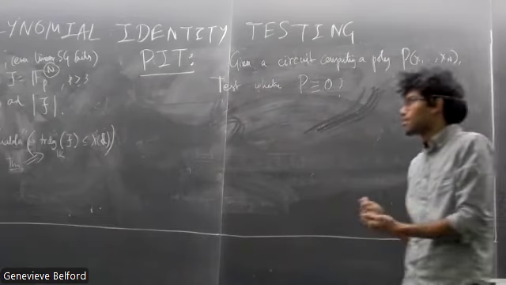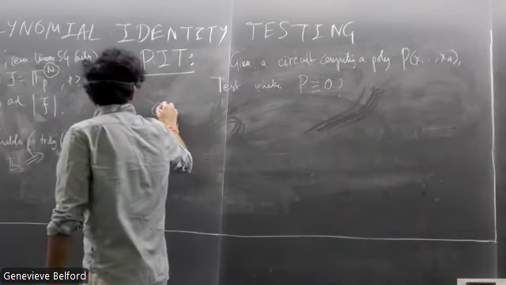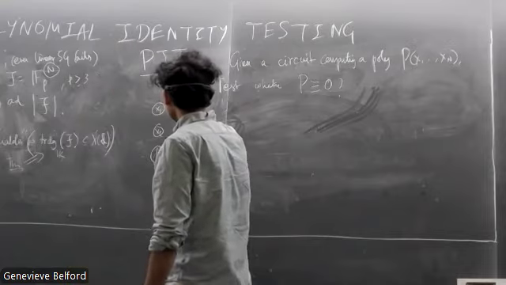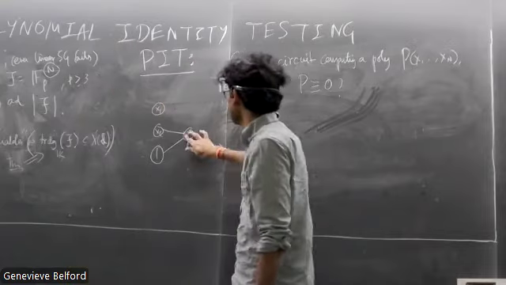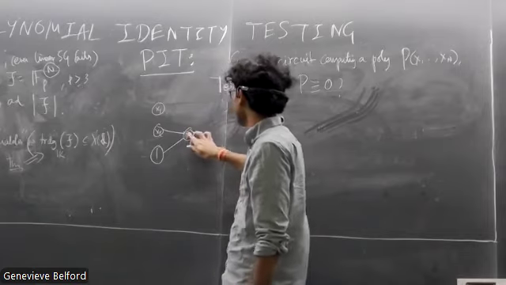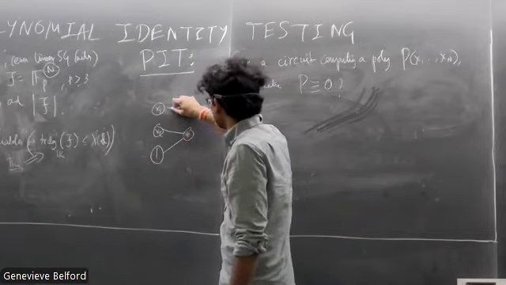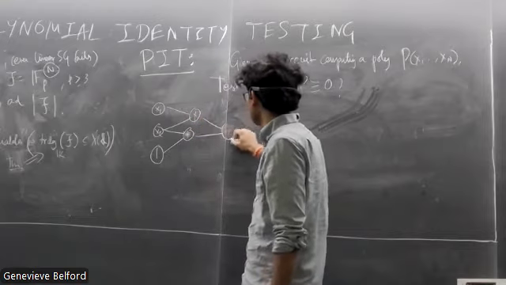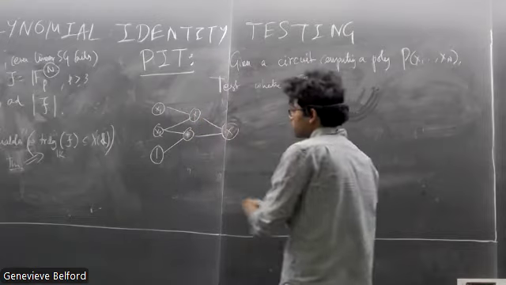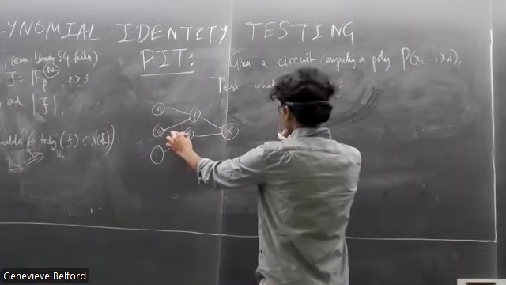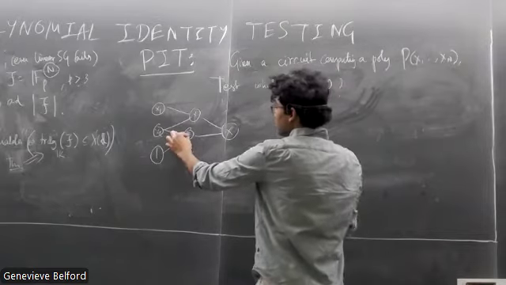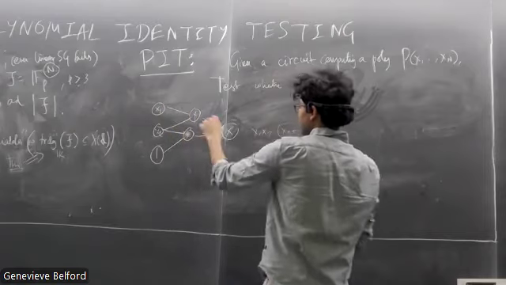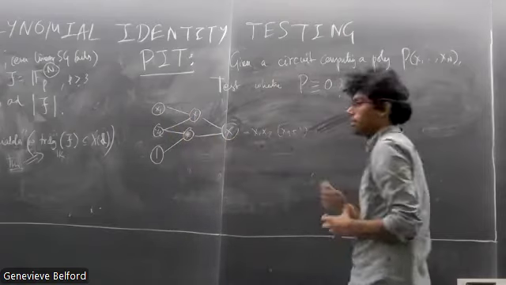So what's a circuit? You can have x1, x2, 1. These are my inputs, and they are joined by addition and multiplication gates. Maybe you add here, maybe you multiply here, and then maybe you multiply here. So this would compute x2 plus 1, x1 times x2, and then a final multiplication gate multiplies them.